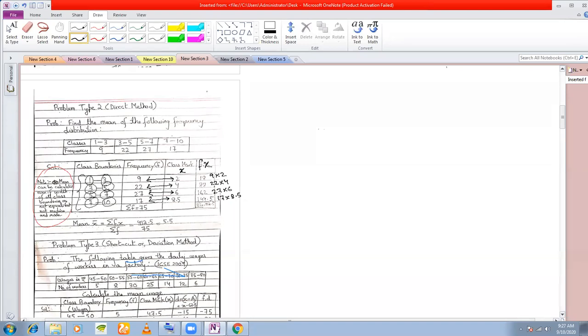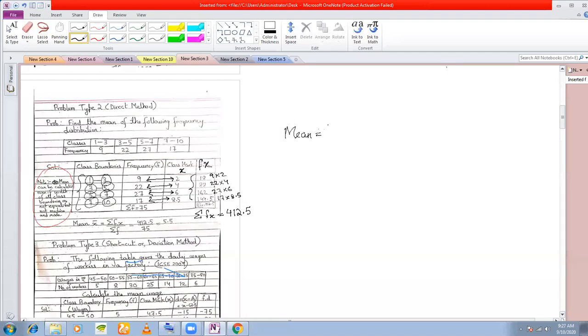Once you've calculated Fx for each and every row, you add them up to get summation Fx. Summation Fx, you add up, you are getting here 412.5.